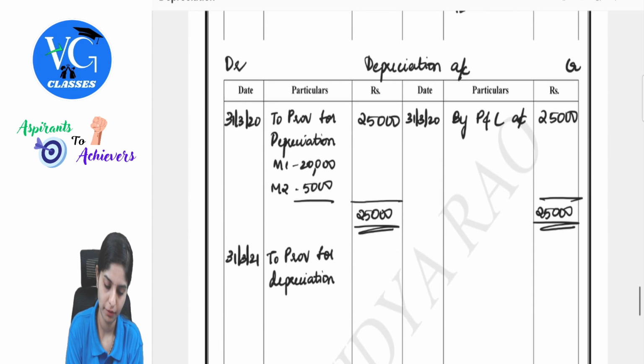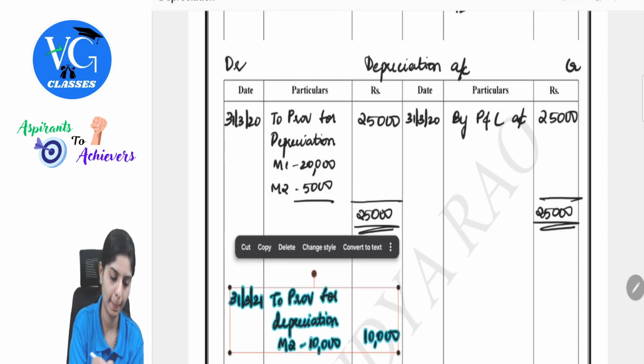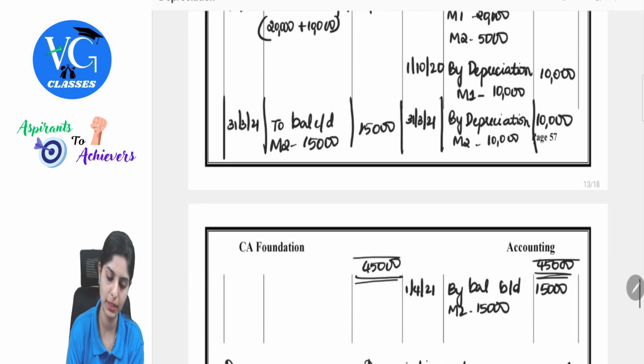This is with respect to M2, 10,000. Before this, on 1st October also we have charged depreciation.